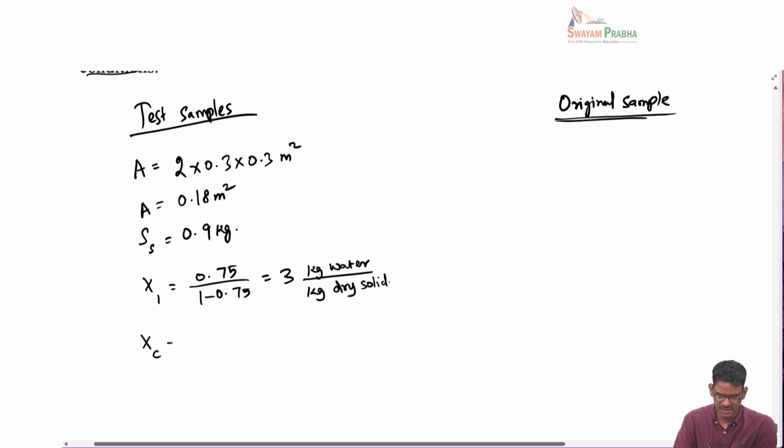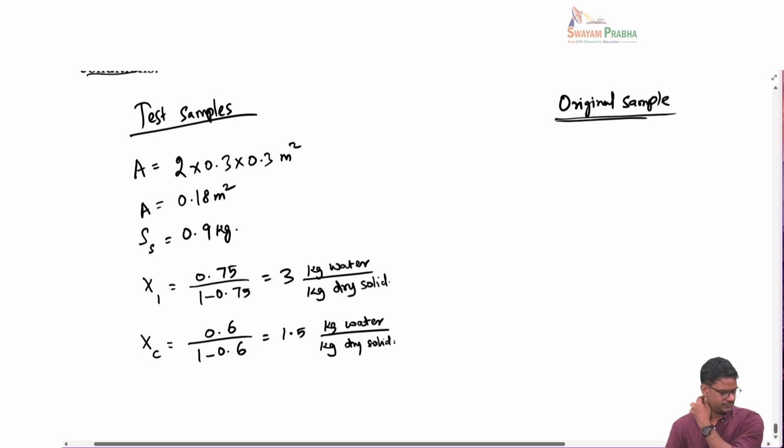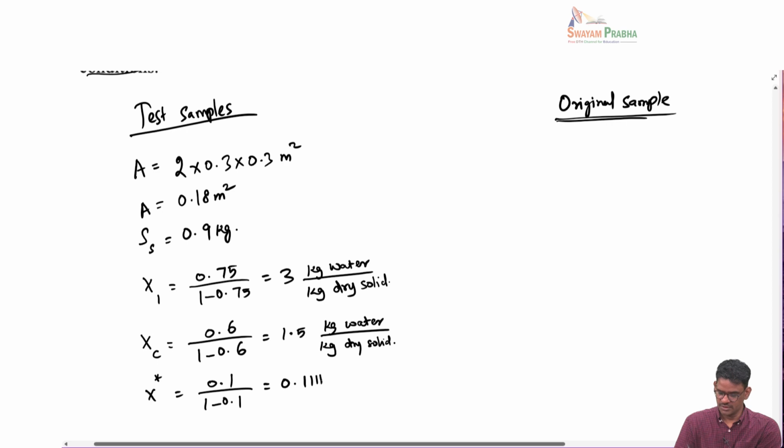Then the critical moisture content is also converted, which is about 1.5 kg water per kg dry solid. The third data is the equilibrium moisture content, which is 10% in the wet basis; in dry weight basis this is 0.11.